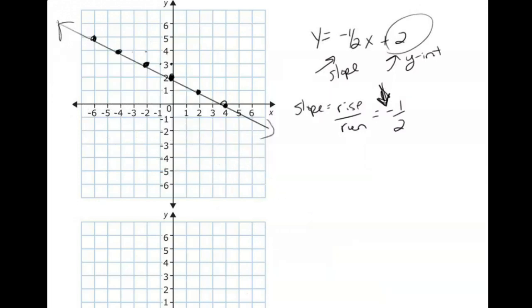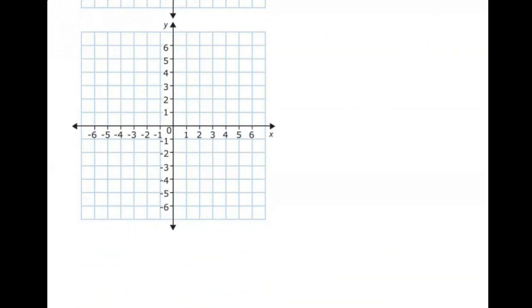Let's do one more, and then I think you guys will be good to go here. You're going to get lots of practice. Y equals mx plus b. Y equals 4/3 x minus 4. Always start with your y-intercept. Your y-intercept is negative 4. He's all the way down here.